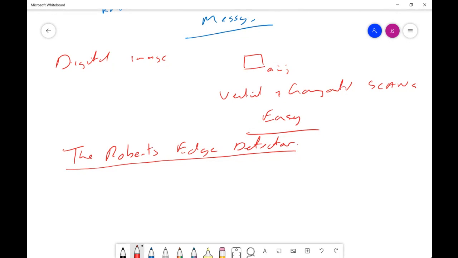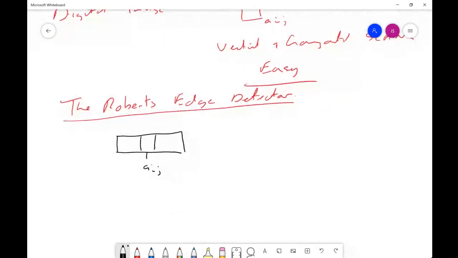And the Roberts edge detector is an operator that operates on all the pixels A_ij in an image, and it has weights before and after the pixel you're operating on, A_ij, and the weights are -1 and +1.